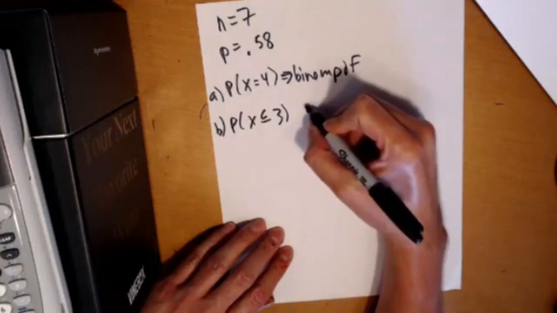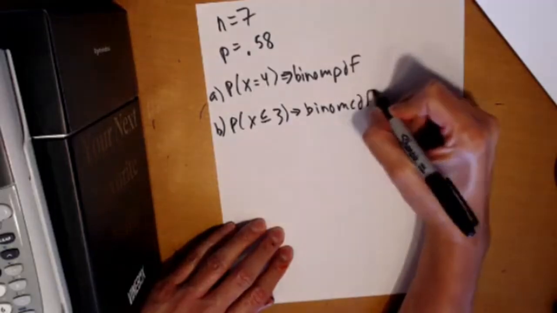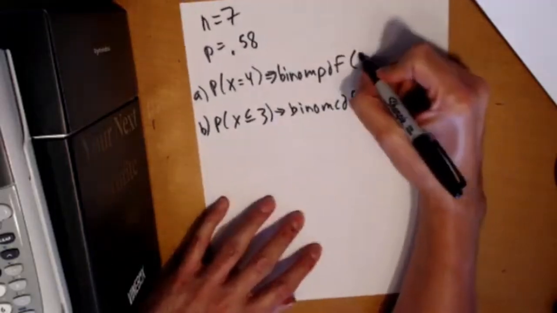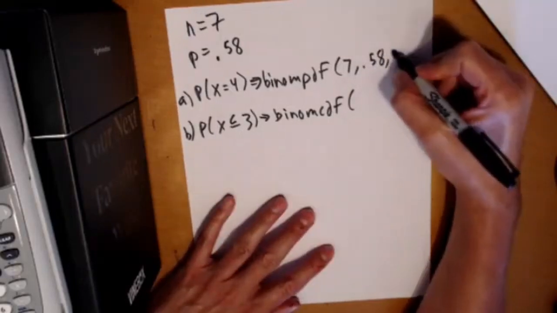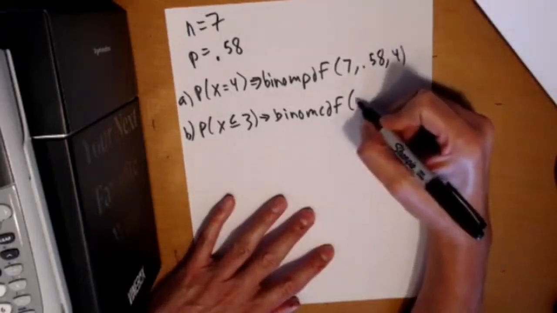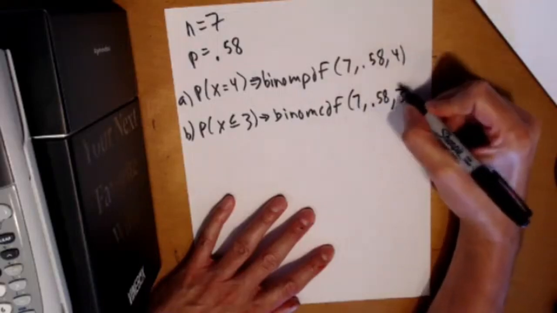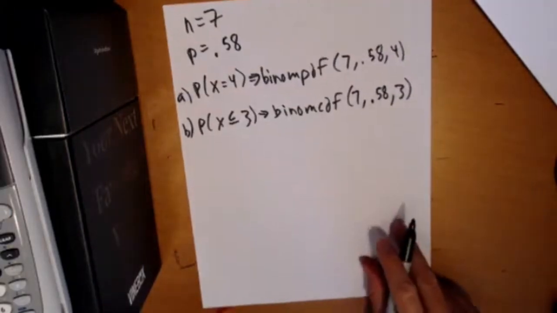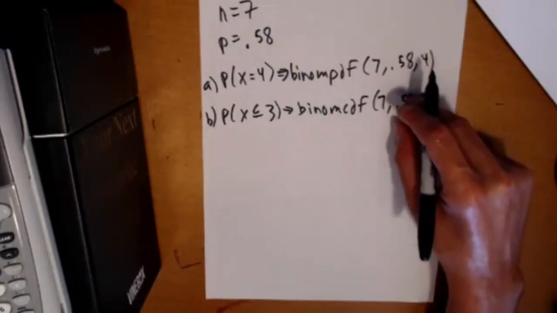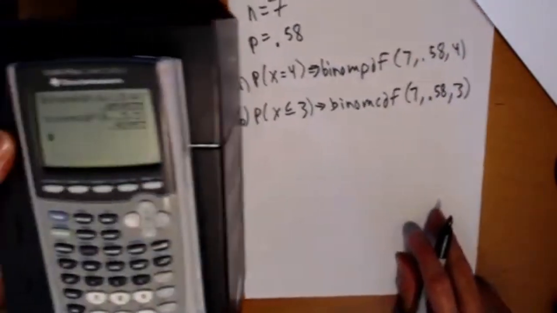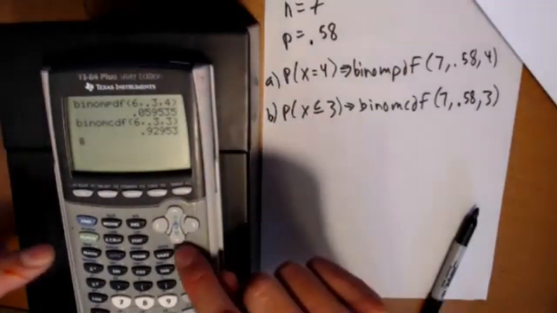So that's going to be a binom CDF. n, p, x was 4. n, p, x is 3. Okay, the next ones are more interesting, but these two are just like the ones we just did in problem 1. That's why I'm kind of rushing through them. Let me just get the right answer so we can write it down there.